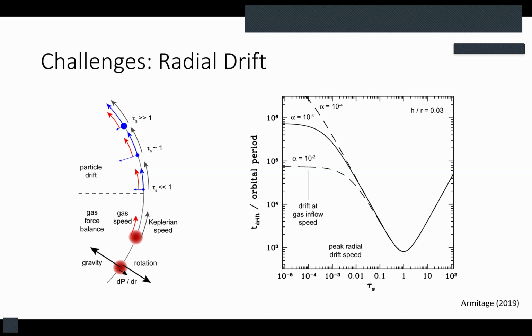When they reach one meter in size, they become loosely coupled to the gas, so they feel the maximum drift rate. But when they go even larger, because they are just too massive, the gas drag becomes irrelevant, so the radial drift becomes inefficient again.